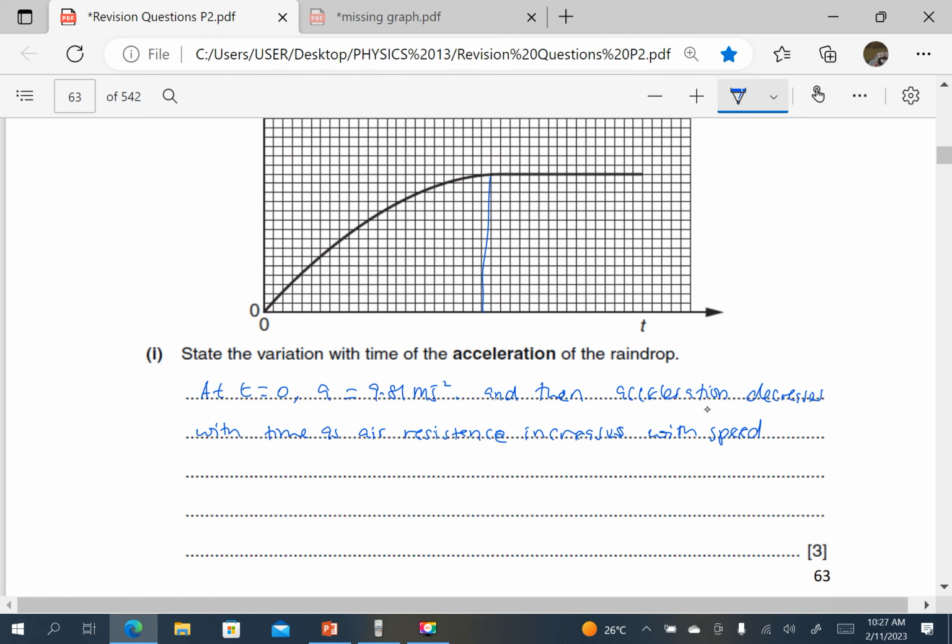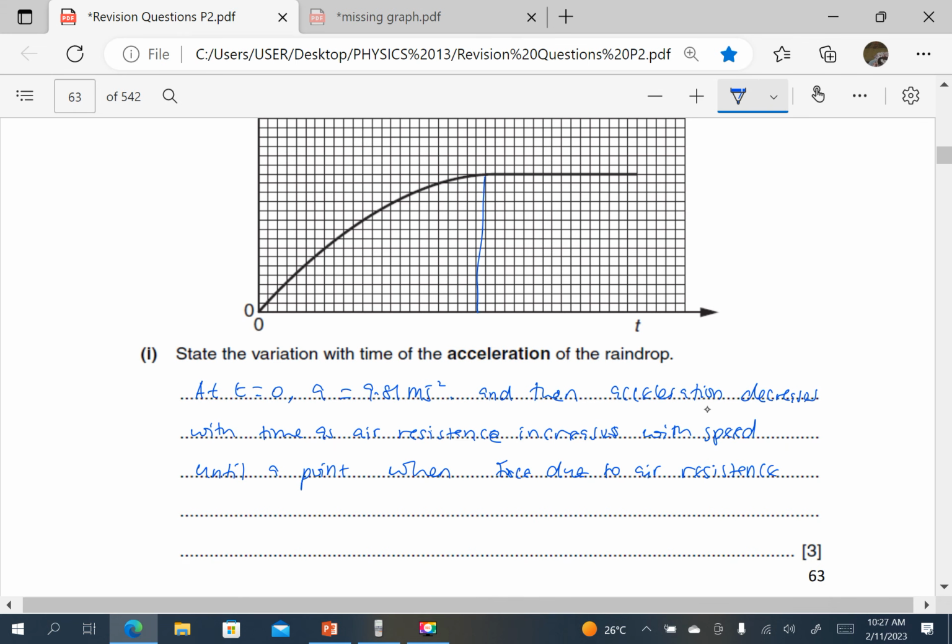So as air resistance increases with the speed, until a point when the force due to air resistance equals the weight, and acceleration goes to 0.